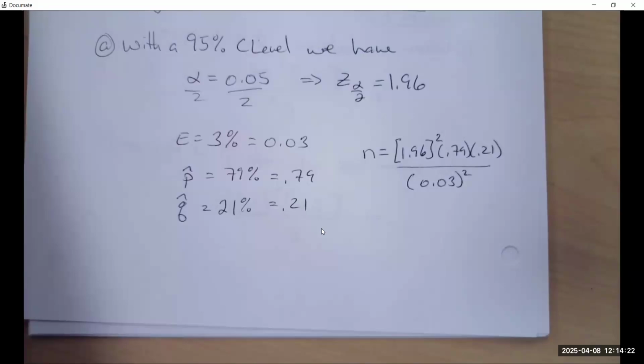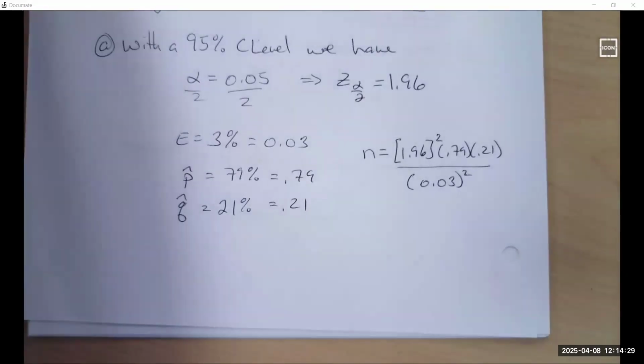What does that give us? We have 1.96 squared times 0.79 times 0.21 divided by 0.03 squared.